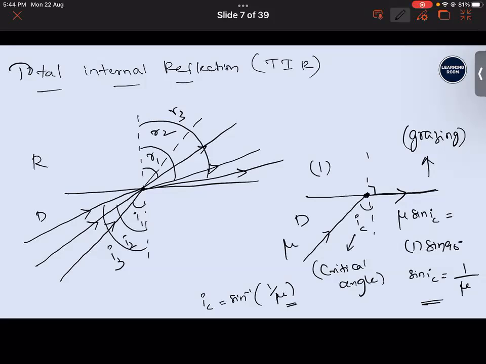Done? Okay. So till now I didn't explain what total internal reflection is. So what is total internal reflection?